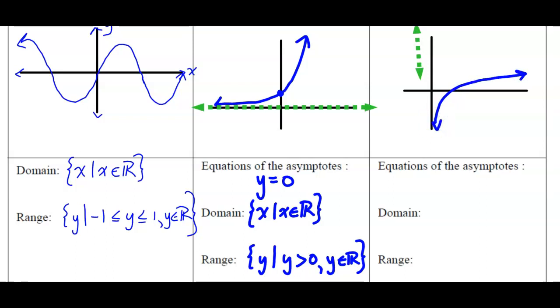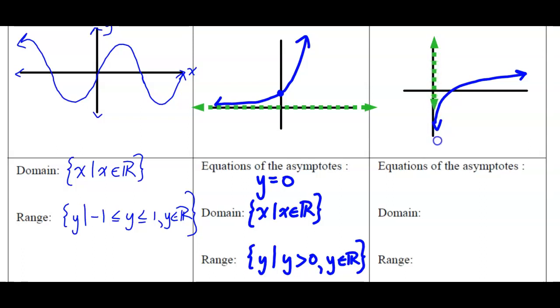Okay, and then this will be my asymptote. Okay, we're going to delete that.